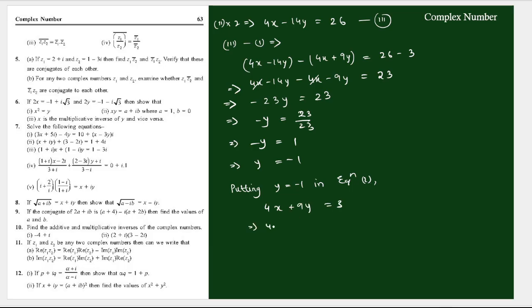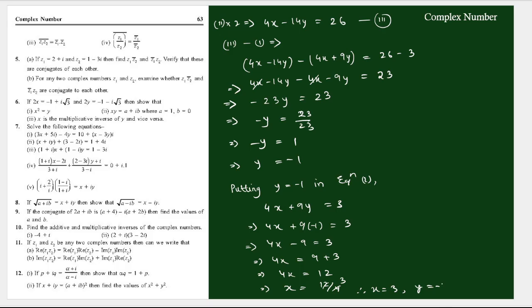So 9 into minus 1, equal to 3. So 4x minus 9 equal to 3. Minus 9 उस तरफ ले जाएंगे, it becomes plus 9. So now 4x is how much? 12. Your x is how much? 12 by 4. This is your 3. So therefore x equal to 3, y equal to minus 1. This is your answer.